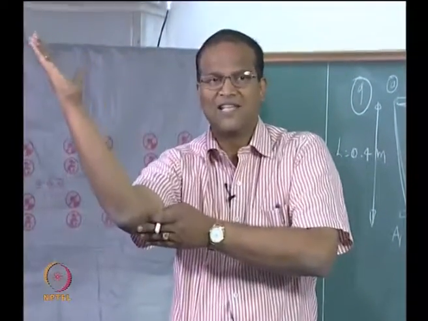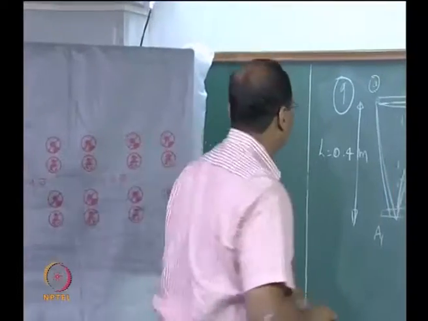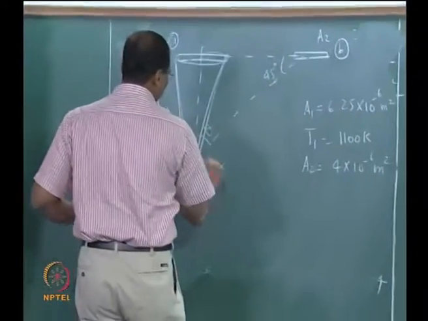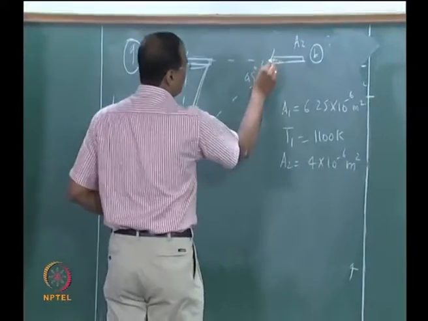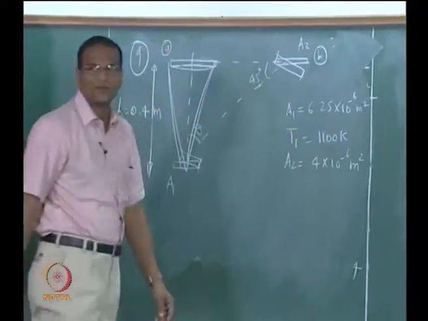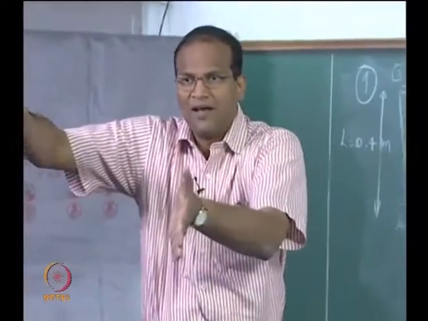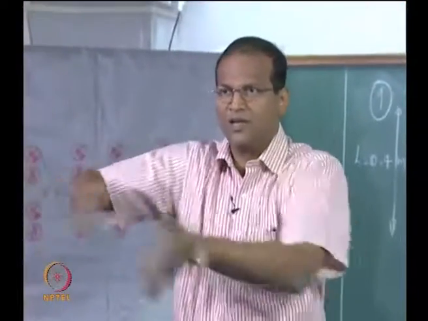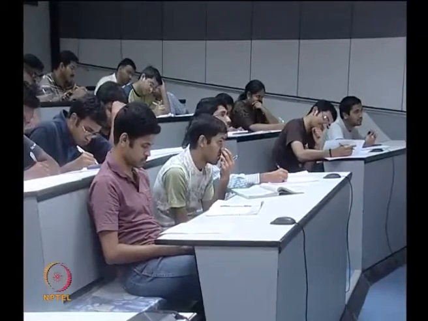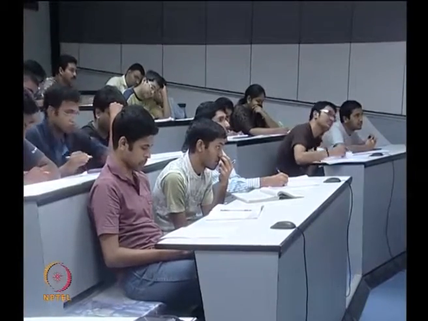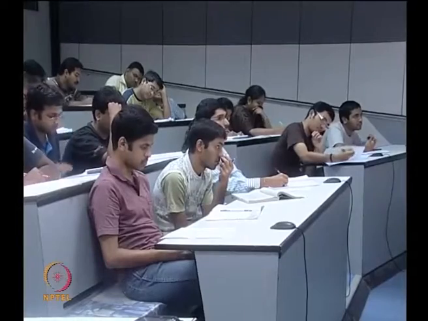Because the radius is like this, A1 has to be aligned like this. Please remember, R means you are talking about the normal to that radius vector. Okay, now let us do this part B.